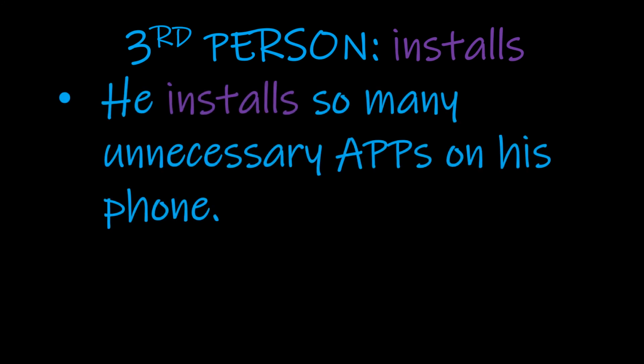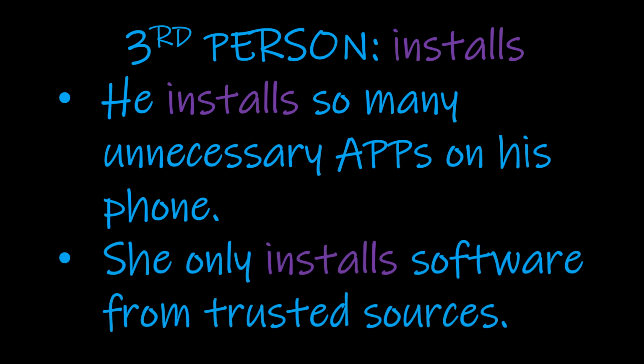And then we've got third person. He installs so many unnecessary apps on his phone. She only installs software from trusted sources. So remember, this third person is for he, she, and it. In both of these instances, because it's third person simple, usually what we're doing is we're talking about routines or habits when we use this.